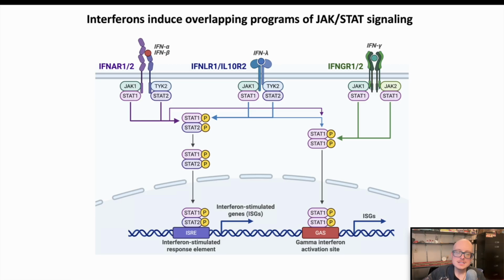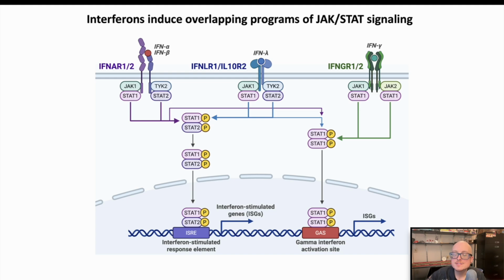So, summarizing some key points here, what I want to point out is that all interferons induce JAK-STAT signaling, and they induce one of two major STAT transcription factor complexes, either homodimers or heterodimers. But in either case, the end result is going to be the very strong induction of genes that we refer to as interferon-stimulated genes.